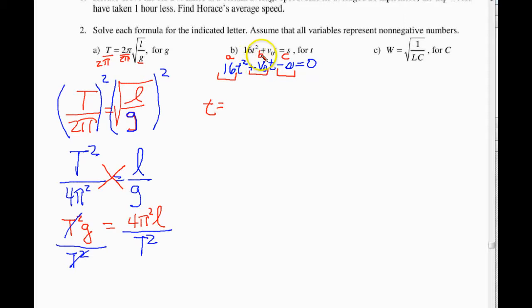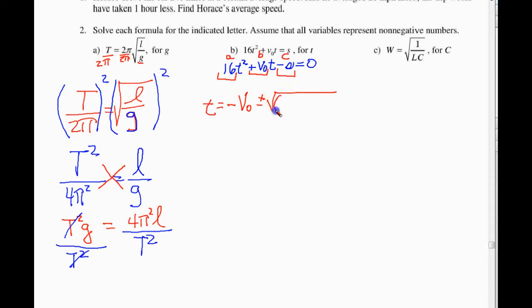So now I'm going to go t equals negative b, so that's going to be a negative v sub o, initial velocity, plus or minus the square root of, what will b squared be?